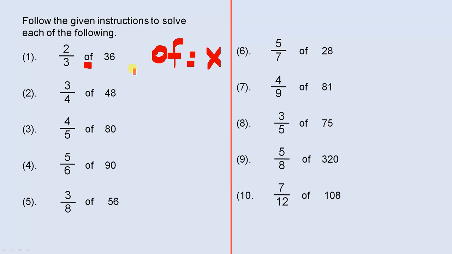And finally, the only other thing you have to remember, when you see a whole number like, for example, 36, you write it as 36 over 1. That makes it look like a fraction. So that's basically it. And all you do then is follow the basic rules that we had in the lesson. Let's look at the next slide.